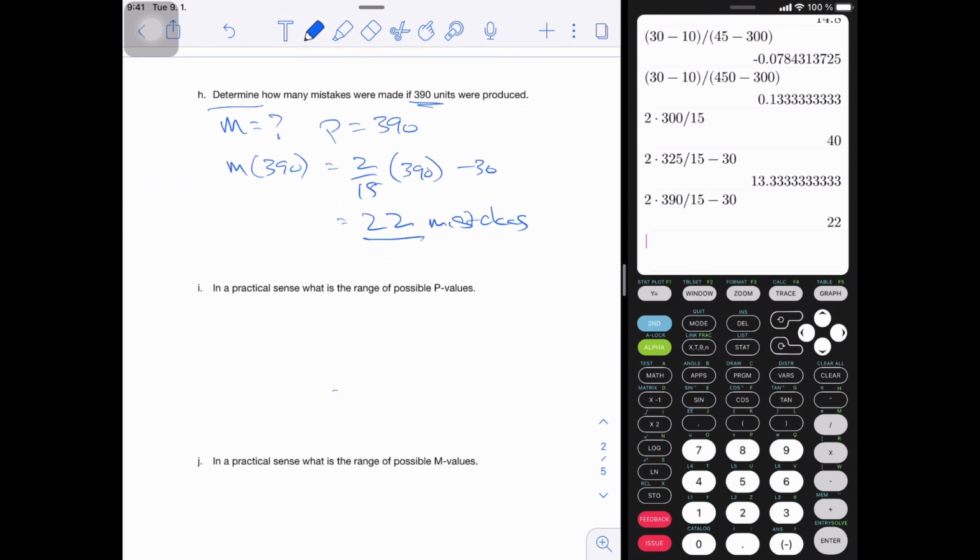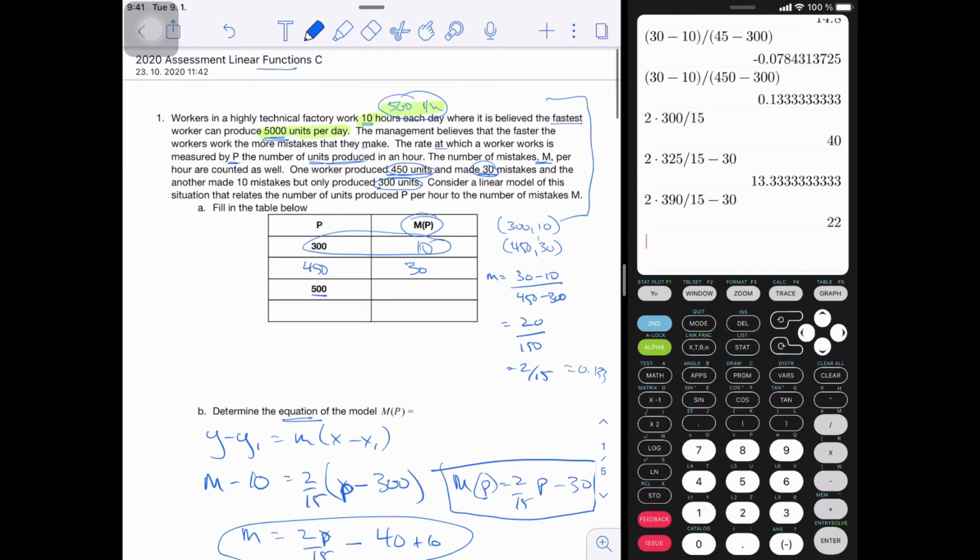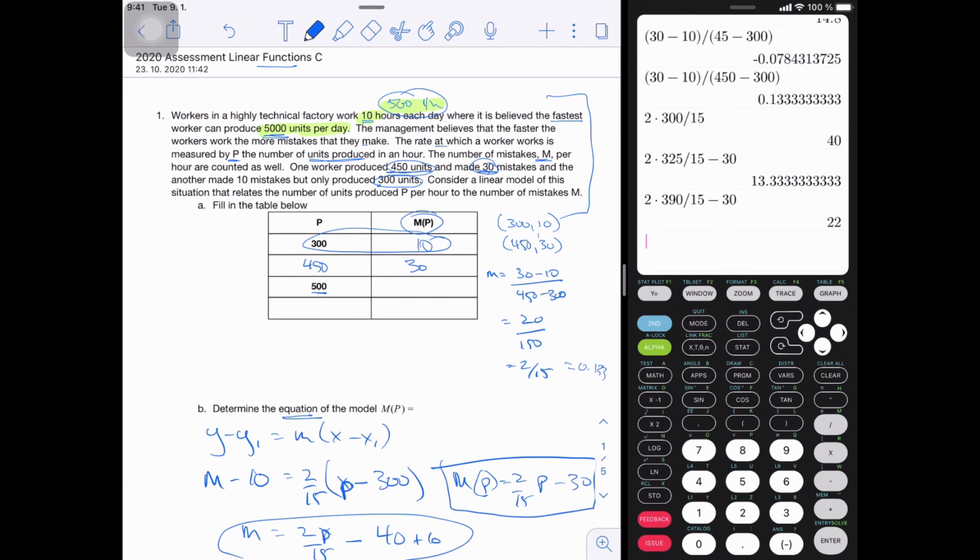Part I says, in a practical sense, the range of possible p-values. Well, to do so, we have to go to our stem here, and the p-values are about the products used. If I consider what is going on with this, I know that there are 5,000 units per day for 10 hours, so the fastest worker makes 500 per hour.